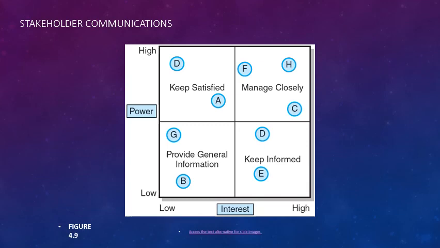So stakeholder communication, this figure here, you're kind of talking about the different people involved and what their level is of what they want to know based on their power and their interest in the organization and how you're going to manage that. So people that are of high power to the project and have high interest, we're going to manage closely, but maybe they're of low power and have low interest in the project, so you might provide general information. So they might get a CC once a month on what's going on, but not be invited to the detailed meetings about it.